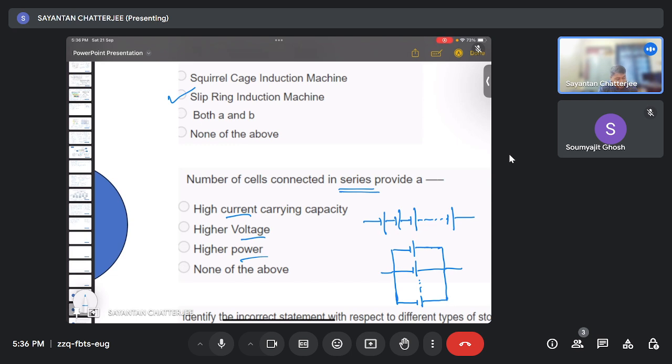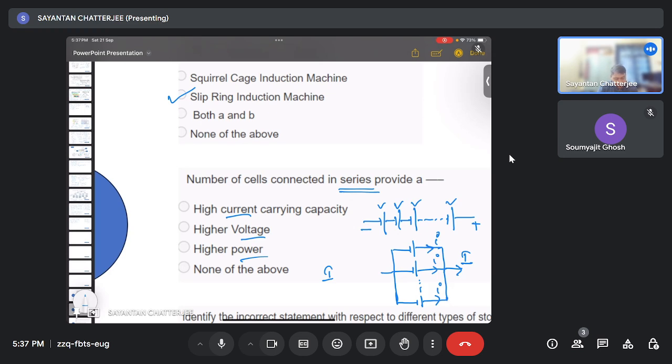What we get is that when connected in series, overall the voltage increases. In parallel, the current increases.